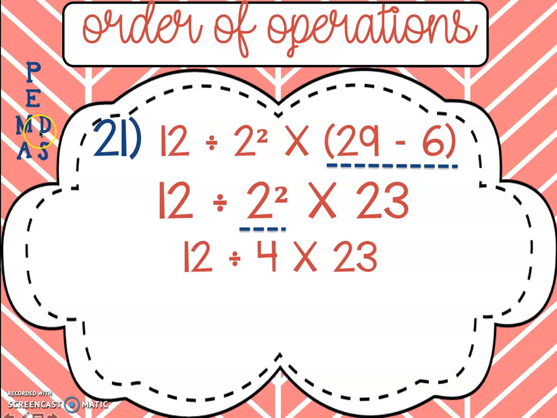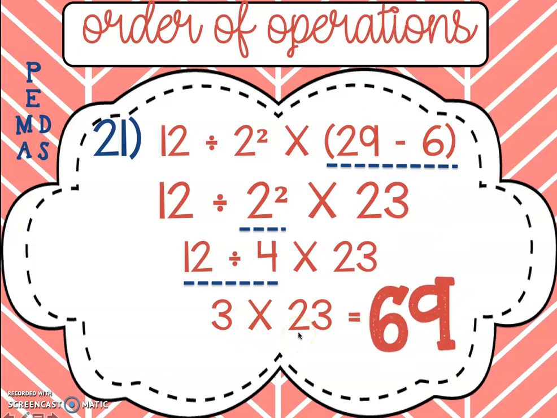Now we're looking at multiplication or division, and whichever comes first from left to right. Working across our problem, the division comes first, so we divide. 12 divided by 4 is 3. Now we have 3 times 23 as our last step. 3 times 23 gives us 69 as our final answer.